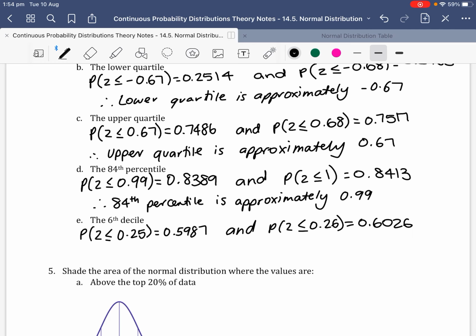So 0.5987 is closer to 0.6, so therefore the 6th decile is approximately 0.25.